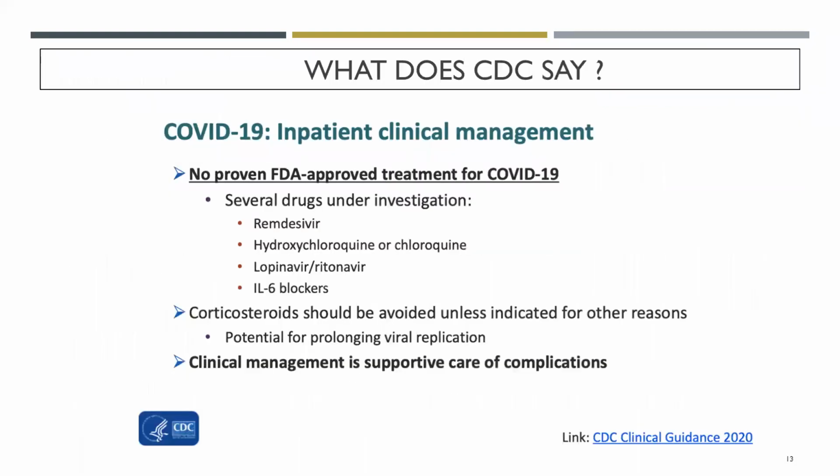So as of March 2020, this was the CDC recommendation about COVID-19. There is no FDA approval for Remdesivir. However, it has recently changed, and the FDA doesn't approve Lopinavir or Ritonavir, and corticosteroids should be avoided unless indicated for other reasons.